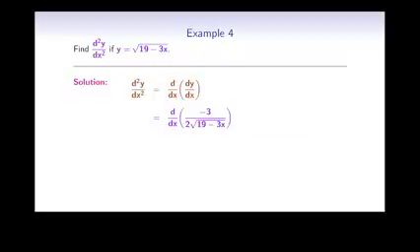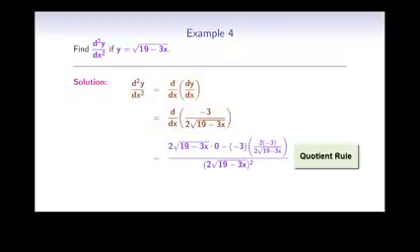Using the quotient rule, we see that this is 2 times the square root of 19 minus 3x times 0, which is the derivative of negative 3, minus negative 3 times the quantity 2 times negative 3 divided by 2 times the square root of 19 minus 3x, all divided by the quantity 2 times the square root of 19 minus 3x, squared. Simplifying, we see that d squared y/dx squared is negative 9 divided by 4 times 19 minus 3x to the power 3 halves.